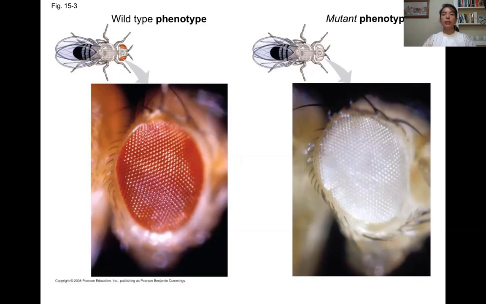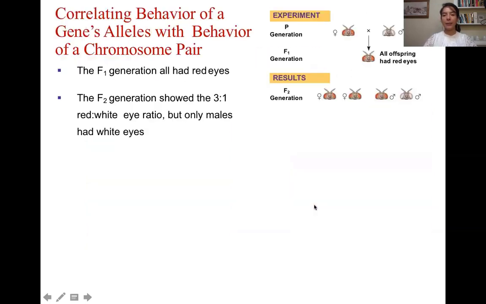Now, let's go back to the flies. We have these traits in this wild type. It's the red eye, and we have a mutant phenotype. A mutant phenotype is not a wild type. The wild type is the common phenotype. And a mutant phenotype in this case has white eyes or albino eyes.